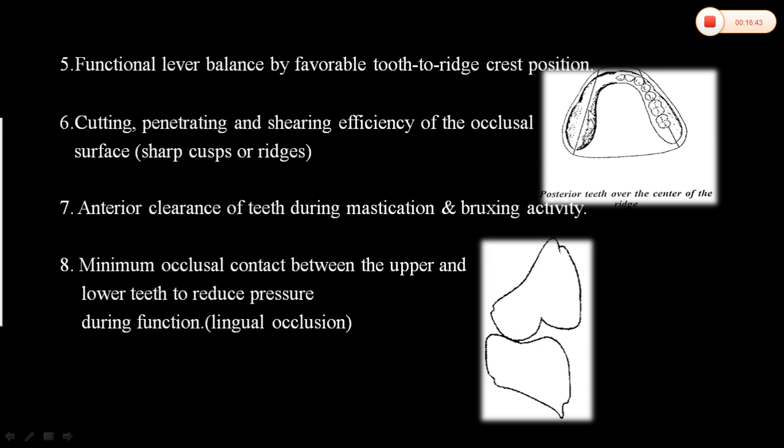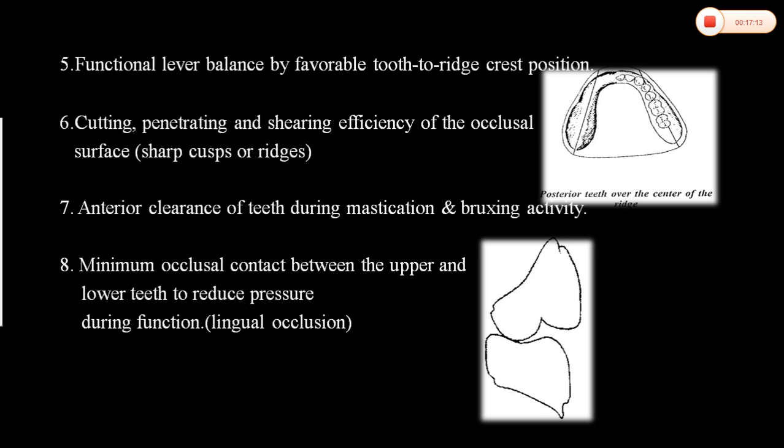And also, see, the functional lever balance by favorable tooth to ridge crest position. So we have to position the artificial tooth close to the ridge to prevent any kind of leverage forces. If artificial teeth are positioned away from the ridge, they create leverage forces.